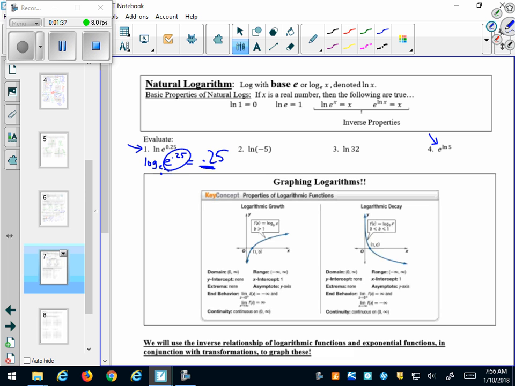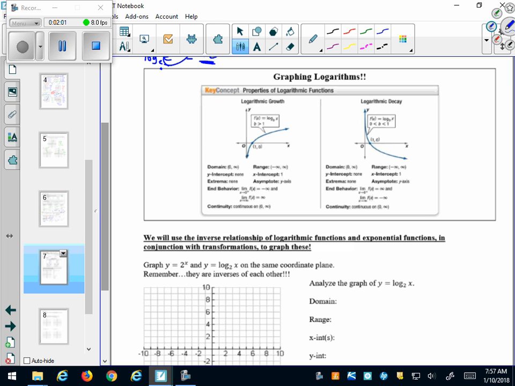A similar idea here: e to the power you have to raise e to get 5. What are we going to get if we raise e to that power? Okay, so those are some important concepts there.